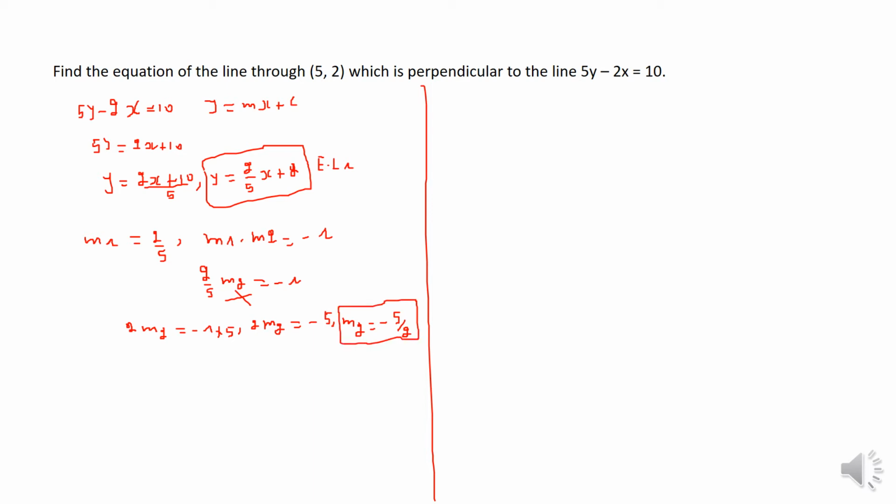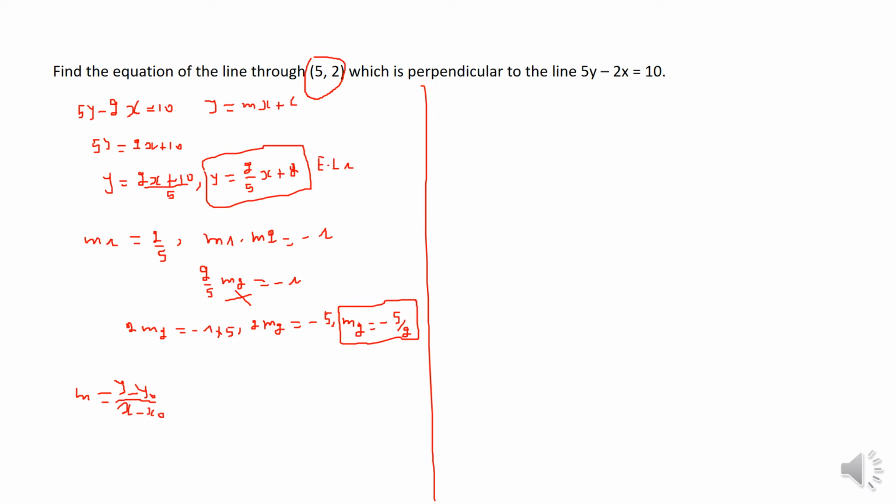So now here you have a point, (5, 2). Remember that the gradient m is equal to (y minus y0) over (x minus x0).